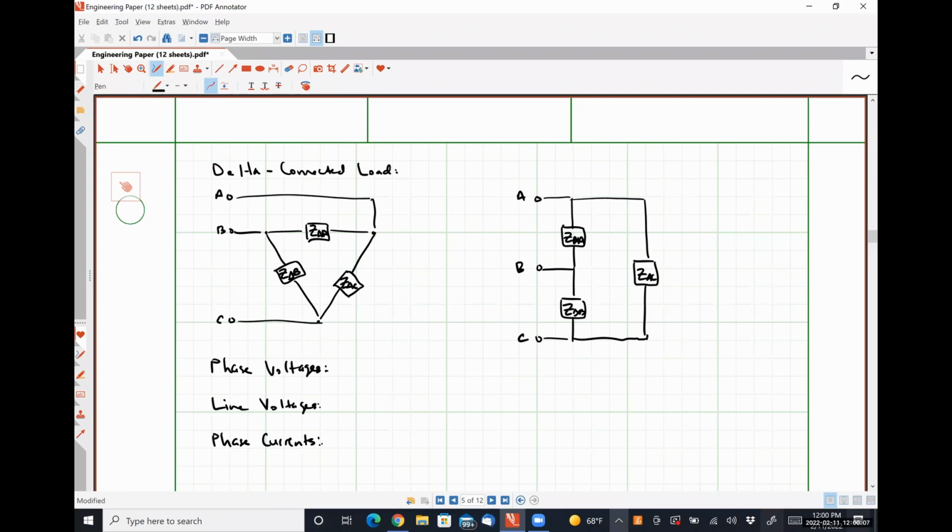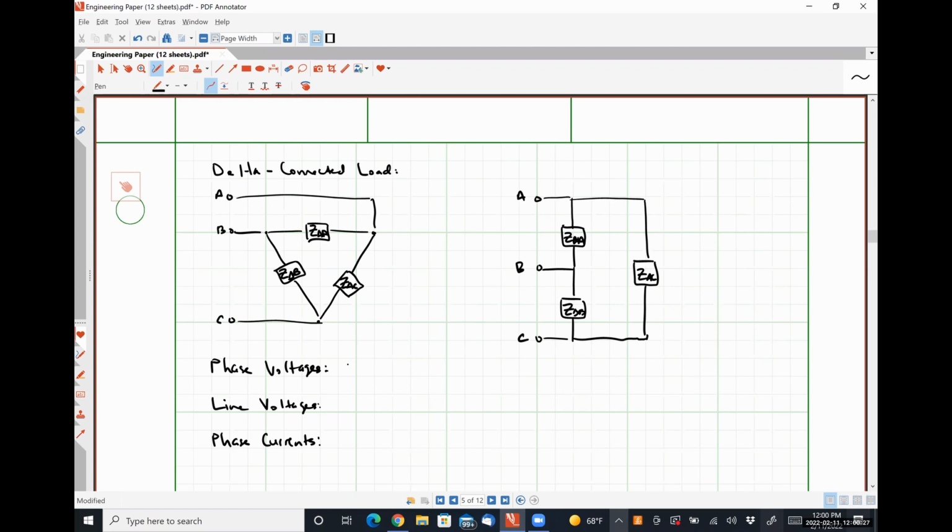So much like we saw in our Y-connected load, the quantities for our delta-connected load are literally going to be the exact same things symbolically, except that we're going to use capital letters because we are on the load side of the circuit.